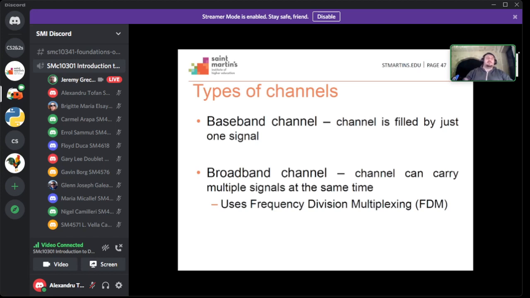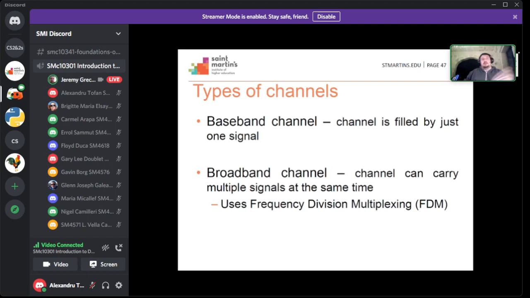Then you would use what is known as a band pass filter, which would be able to separate out the frequencies that you didn't want in order to receive that particular signal.